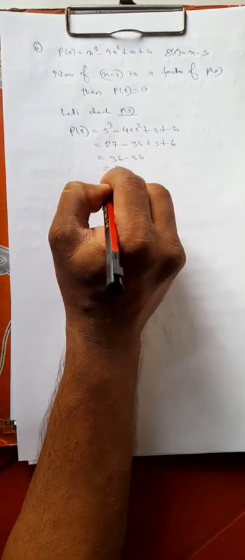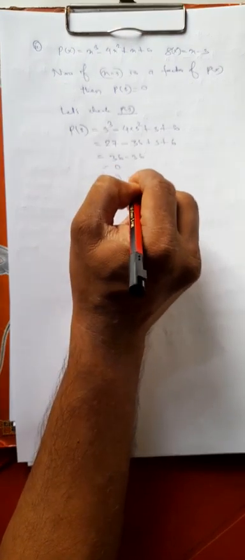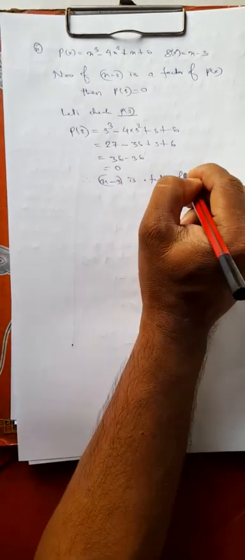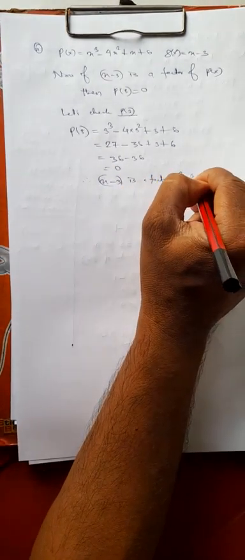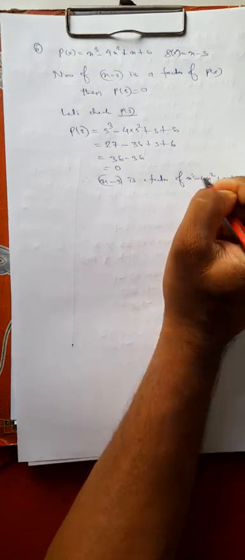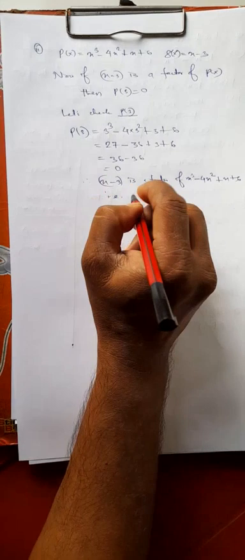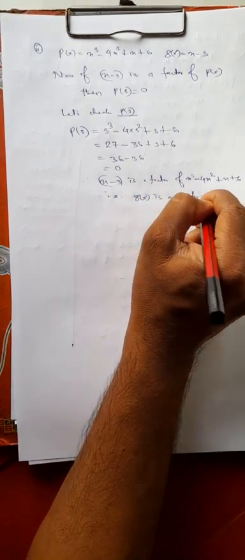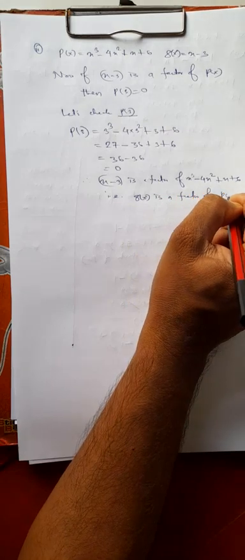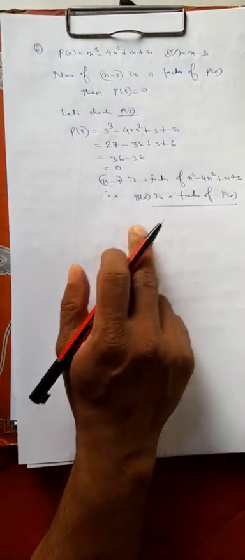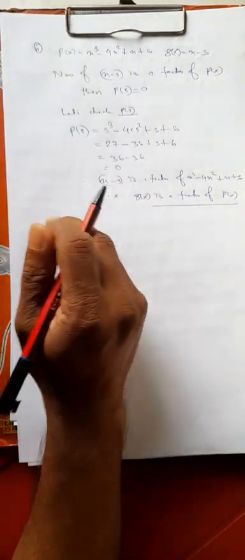Therefore, x minus 3 is a factor of x cube minus 4x square plus x plus 6. That is, g(x) is a factor of p(x). We proved that g(x) is a factor of p(x). x minus 3 is a factor of p(x).